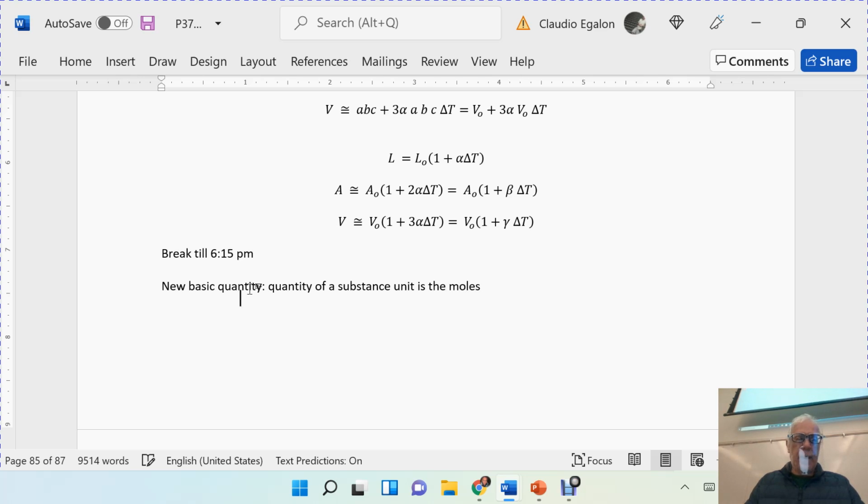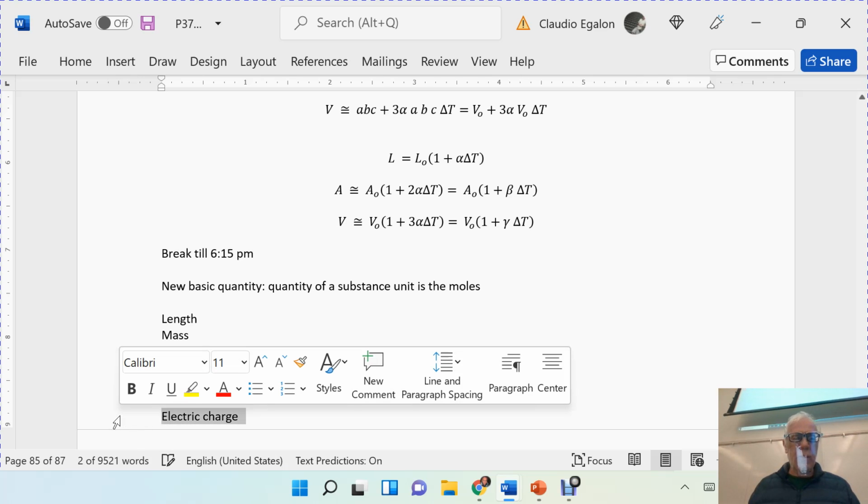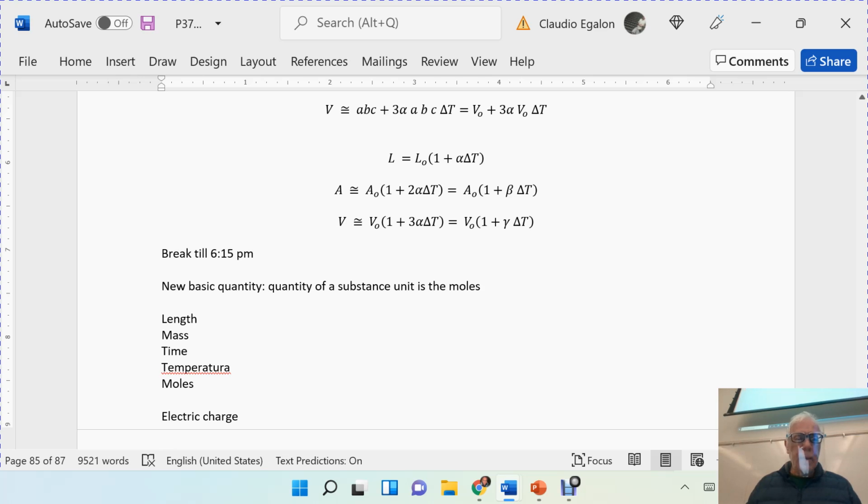So now we have length, mass, time, temperature, and moles. And in Physics 38, we are going to see electric charge. Okay, 1, 2, 3, 4, 5. With this one it is going to be 6.